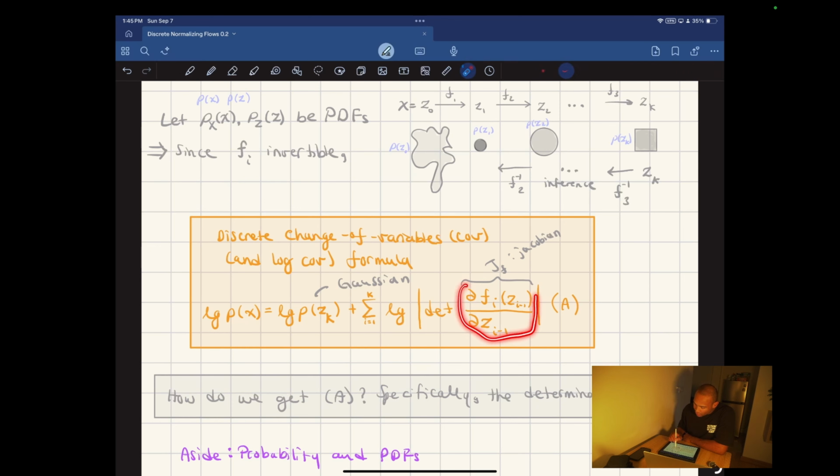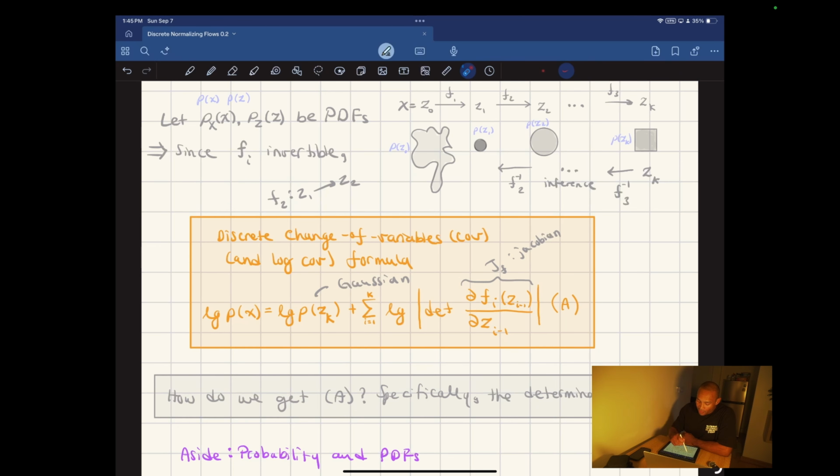So these partial derivatives: let's say f2 goes from z1 to z2.